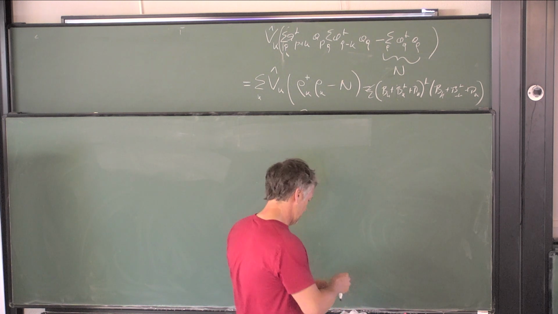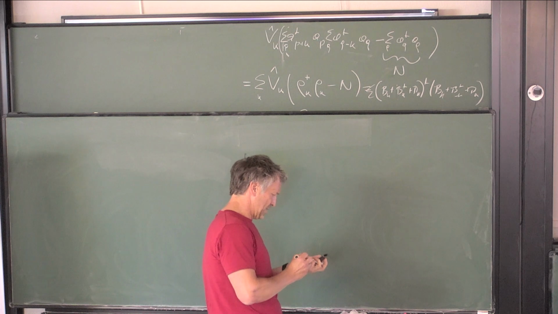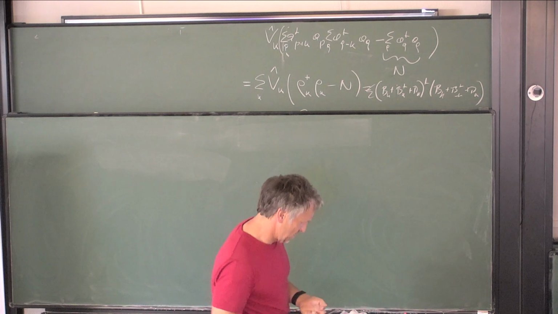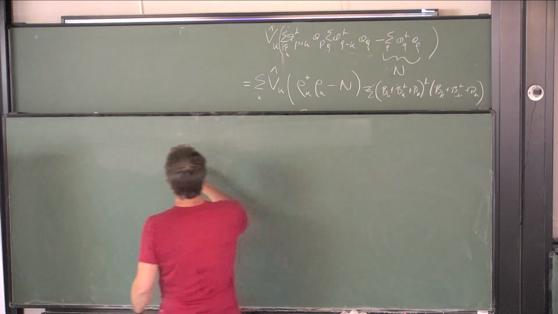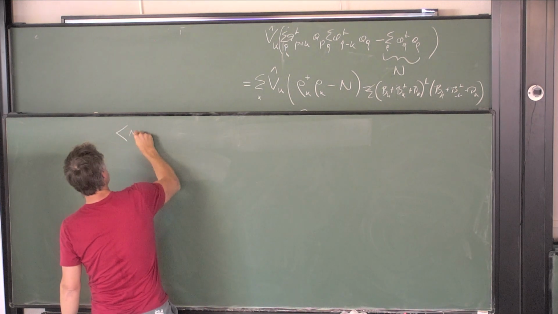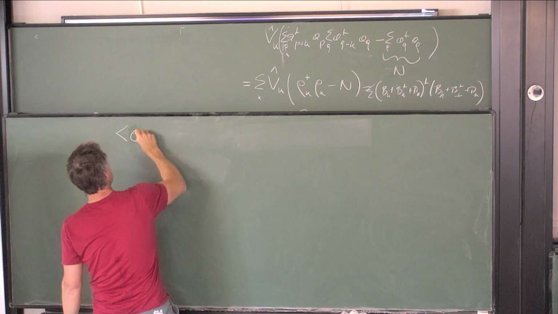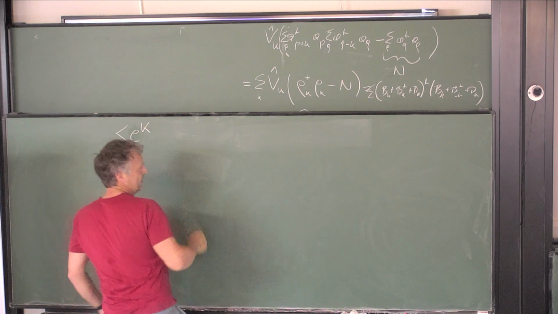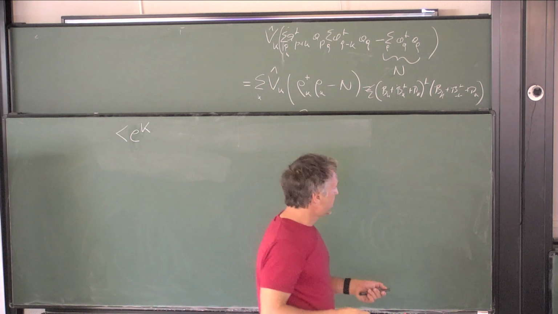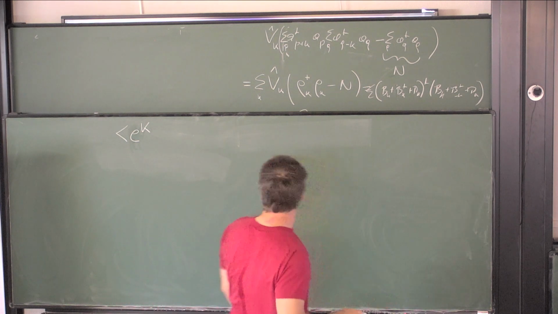I mean, let me just, what I wanted to do. So you want to know what is. So now our trial state is. Of course, one has to choose this state K here.